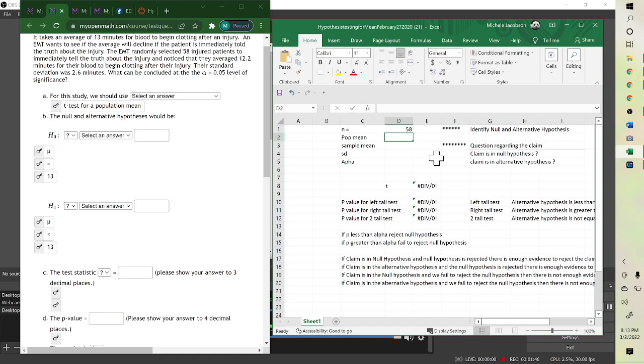Population mean comes from the hypothesis, which was 13. The sample mean was 12.2. And the standard deviation was 2.6. And alpha was 0.05.